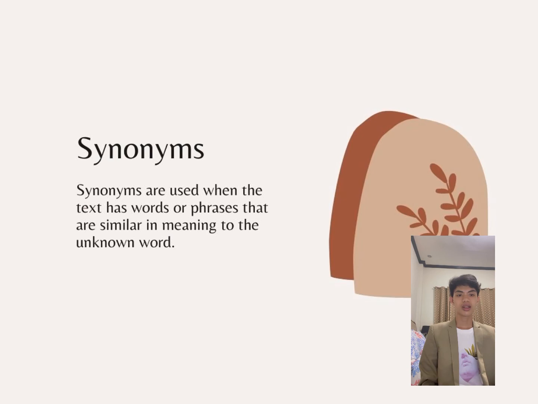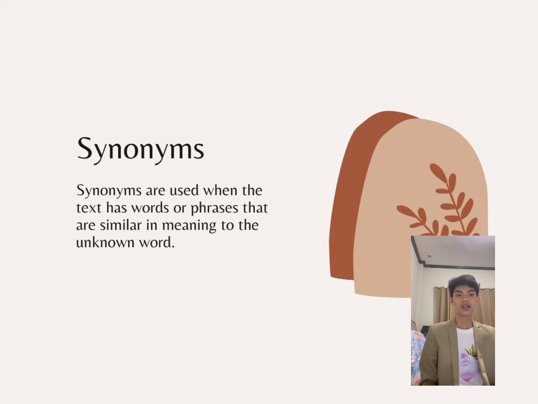First are the synonyms. Synonyms are used when the text has words or phrases that are similar in meaning to the unknown word. So by using synonyms, we are able to understand the unfamiliar word, as we will find similar words that are more familiar to us. Mostly, synonym clues may be signaled by words like "or" and "as."